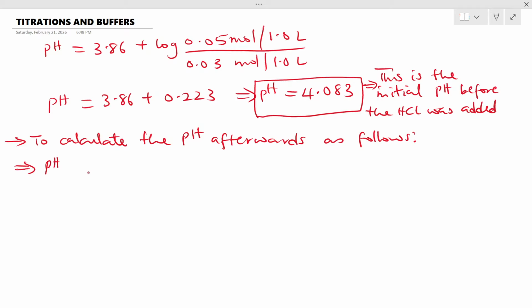What is really important here is that we have to stop and ask ourselves what is happening. You need to know that this is a buffer solution and not just a titration.